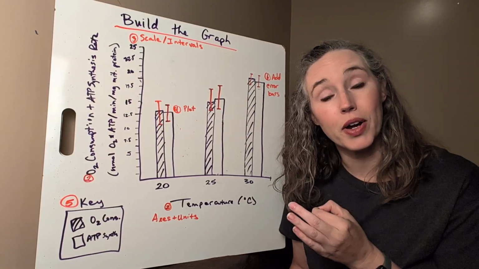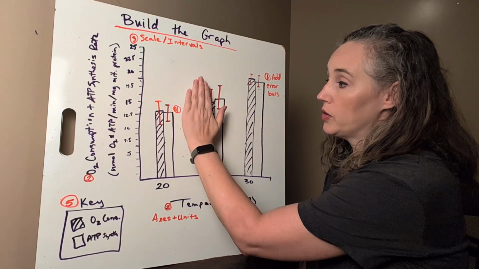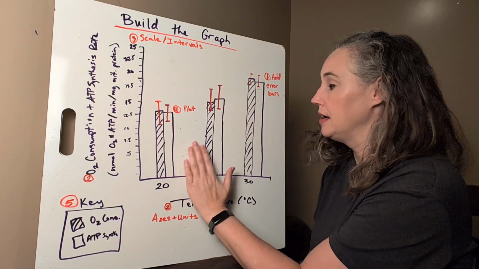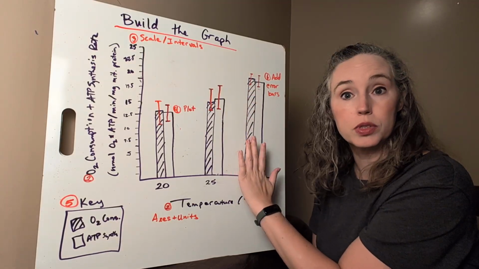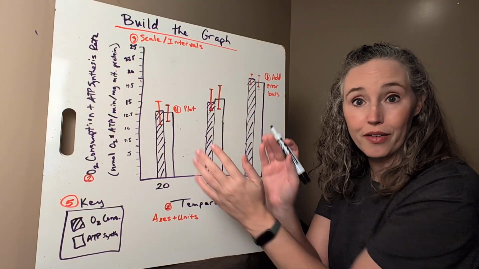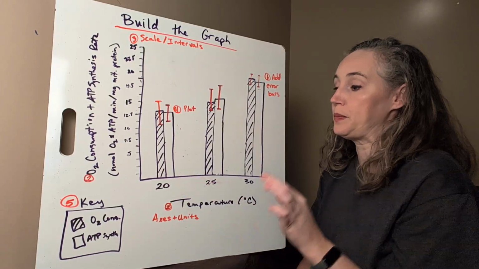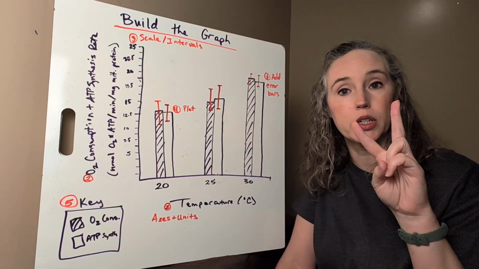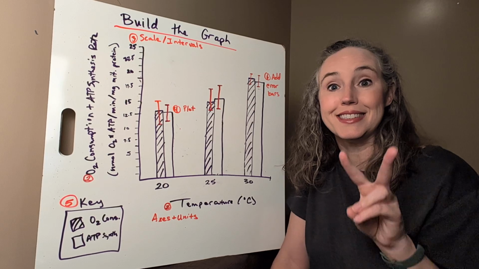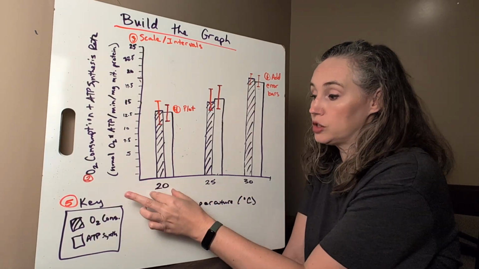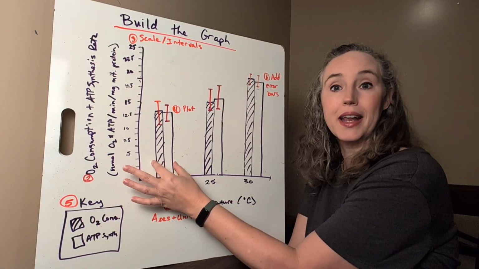Since this is a bar graph, not a histogram, there needs to be space between the 3 groups. Don't squish it all together. That's a different type of graph with a different meaning. However, since we're looking at 2 different data sets in each group, you can put those next to each other.